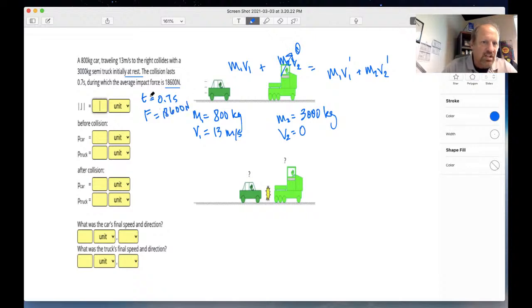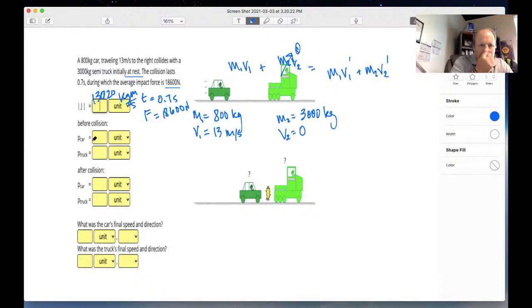And then force times time equals the impulse. So our impulse is equal to 18,600 times 0.7, which is equal to 13,020. So the impulse is 13,020, and that's in kilogram meters per second.